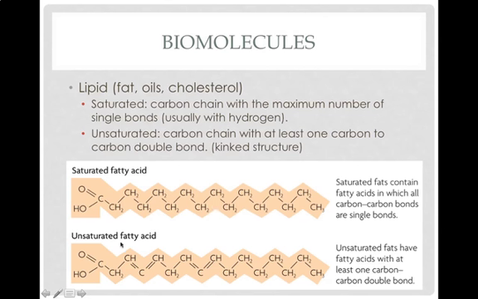This one is an unsaturated fatty acid. Now follow the carbons. As you go through, you find some that aren't holding on to a hydrogen. All saturated and unsaturated means is that this carbon chain is unsaturated with hydrogens, meaning it's not holding on to all the hydrogen that it possibly could. In the end, that changes its shape.